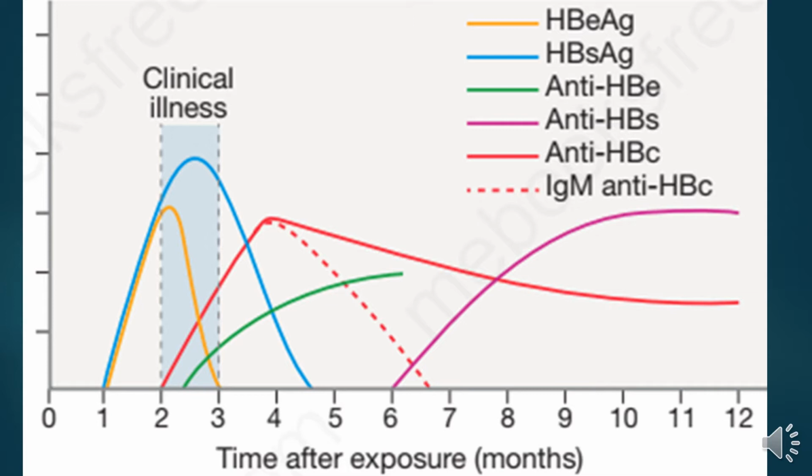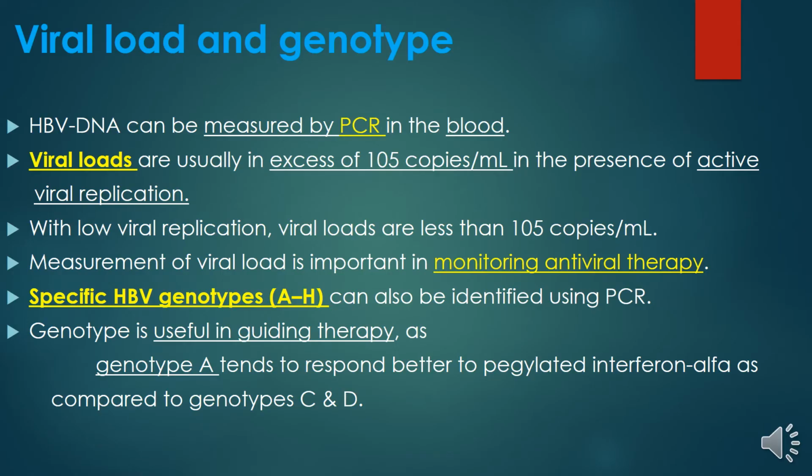Anti-HBe antibodies appear after 2 months and persist, and anti-hepatitis B surface antibody appears after 6 months and remains. Anti-hepatitis B core antibodies IgG and IgM are shown in this slide.